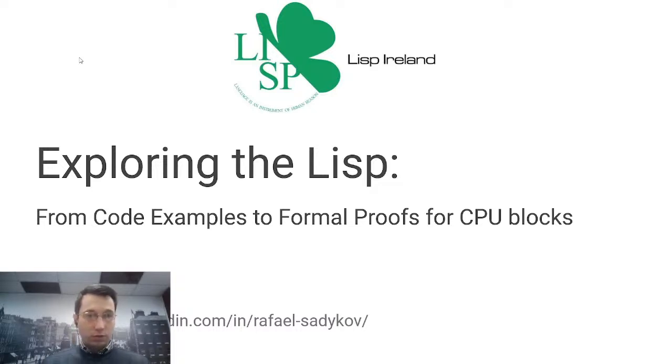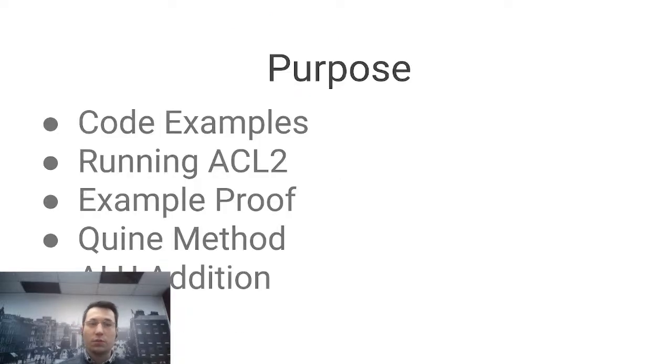Here we go. So the topic of our meetup is exploring Lisp, from code examples to formal proofs for CPU blocks. I encourage you to open your text editor and start coding in Lisp with me. Today we are going to do some code examples, start using the ACL2 theorem prover, and do some example proofs in this system.